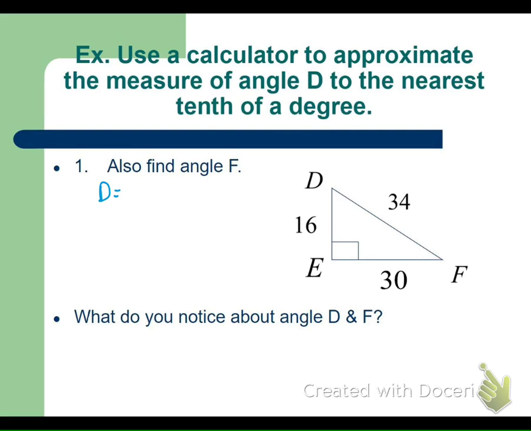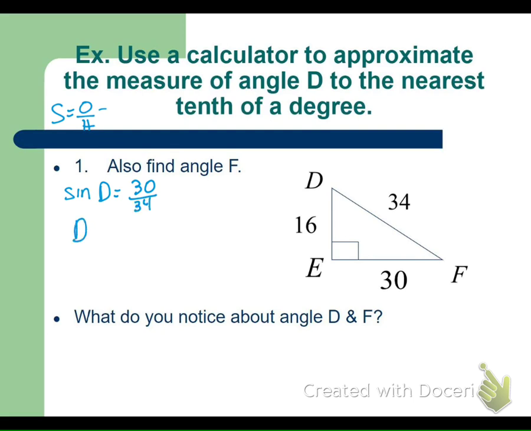No preference? Well, we'll use sine. So sine of angle D is, "Some Old Hippie," opposite over hypotenuse. What is opposite of angle D? 30. What's the hypotenuse? 34, nice job.